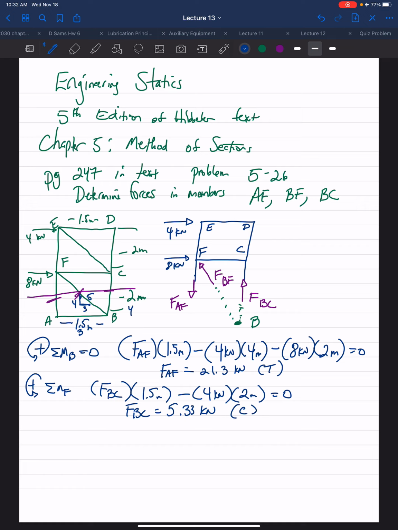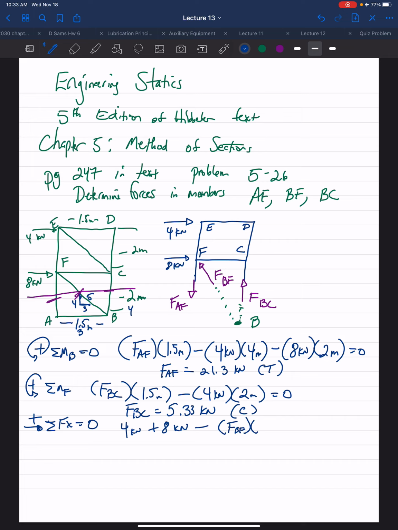Last but not least, we can use our summation of forces in the X direction to determine FBF. So that'll be 4 kilonewtons plus 8 kilonewtons minus FBF.